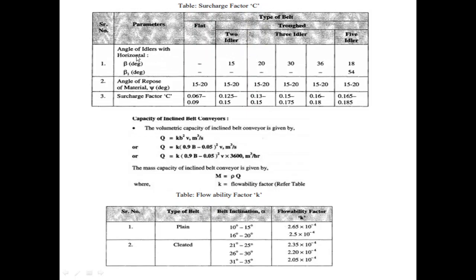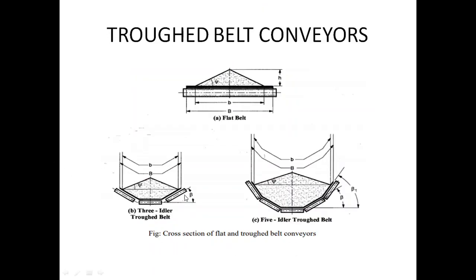First condition is the angle of idler with the horizontal, beta, or beta 1. See, we have seen here this is the angle beta if you have a 3 idler, and if you check here again, this is the beta 1 angle for the 5 idler.